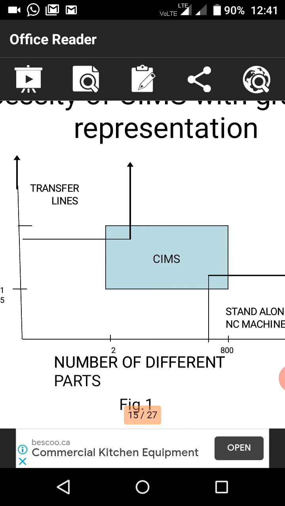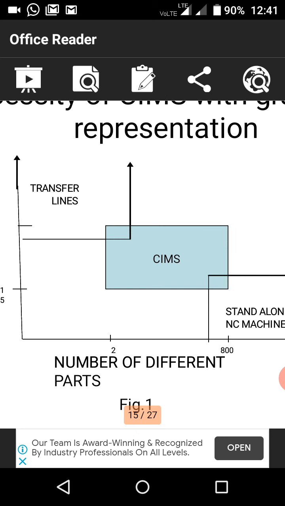SIM is the technique of using a computer to control an entire production process, including inventory, planning, purchasing, distribution and designing.